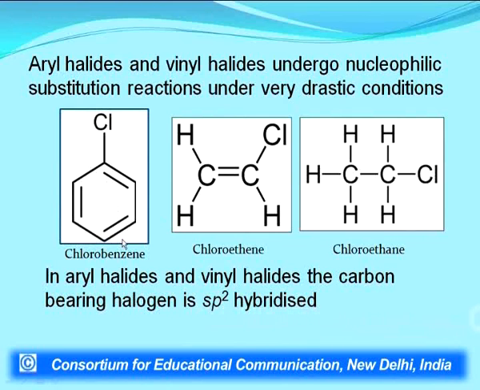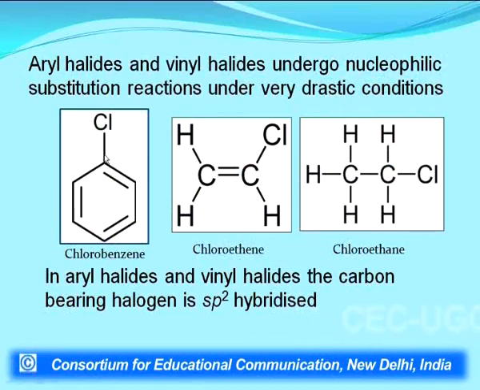Here this is the benzene ring, and in this also the carbon which is forming a bond with chlorine is using an sp2 hybridized orbital. And as you know, sp2 hybridized orbitals have more s character, they are shorter orbitals and hence they form a shorter bond with halogens.